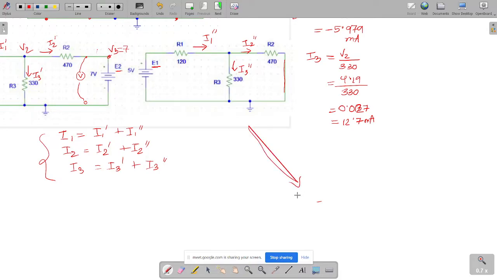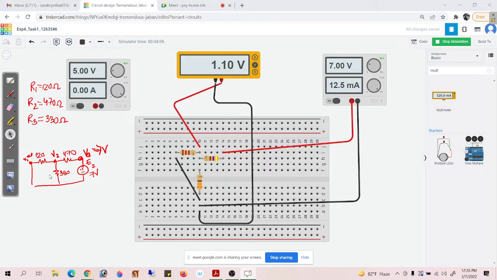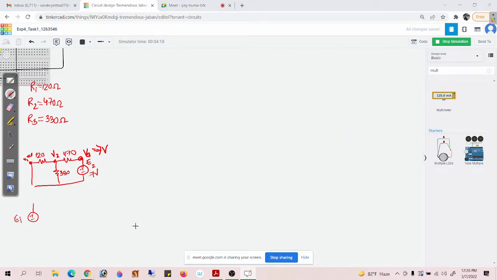Let me solve circuit 3. For solving it we have to move on to Tinkercad again. So what will the circuit look like? It will look like this, a voltage source E1, oops, why is it moving?